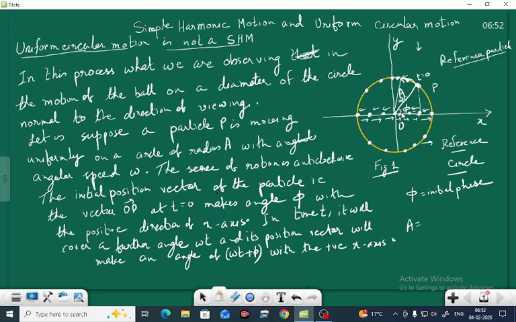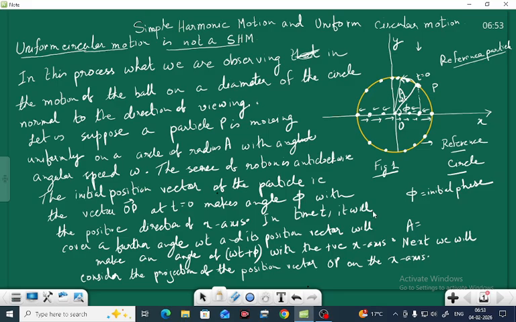Now consider the projection of the position vector OP on the x-axis.